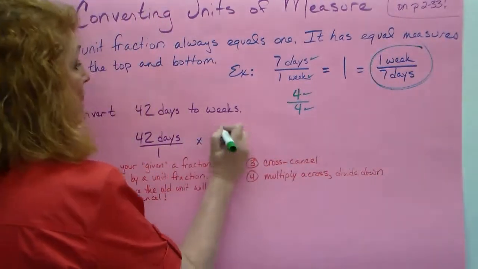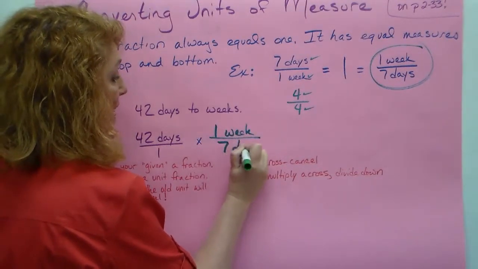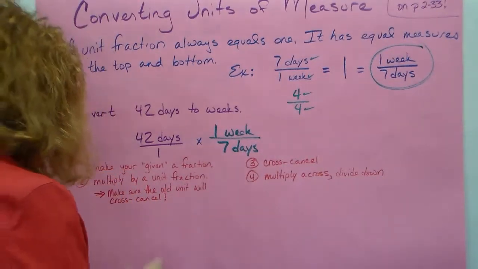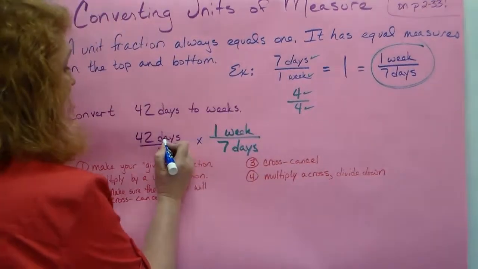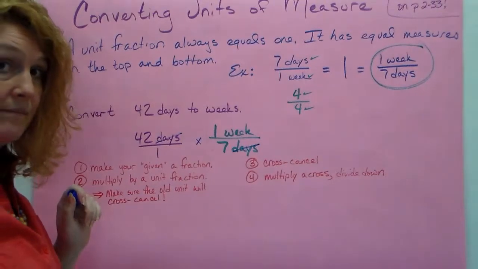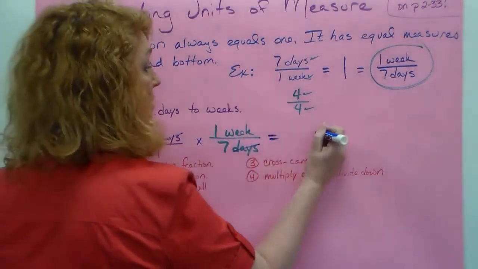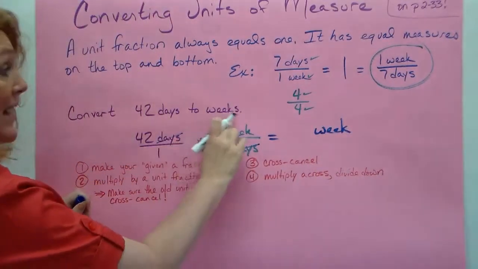So I'm going to multiply it by 1 week over 7 days. Now check this out. When I go to multiply these two fractions, the word days cross-cancels. There's nothing down here. My answer is going to be weeks, which is cool. That's what I need my answer to be.